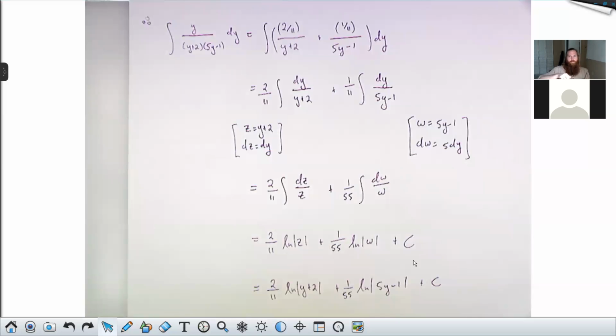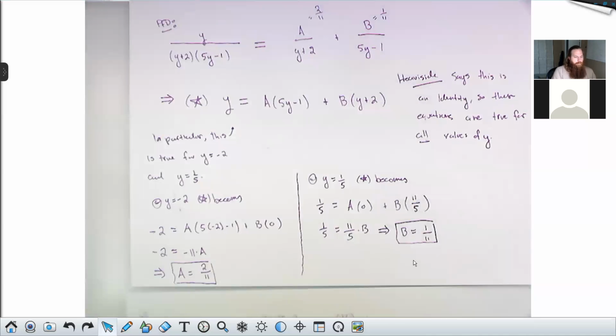Any questions on the steps that came after the partial fractions, on the stuff that's visible on the screen now? Okay.